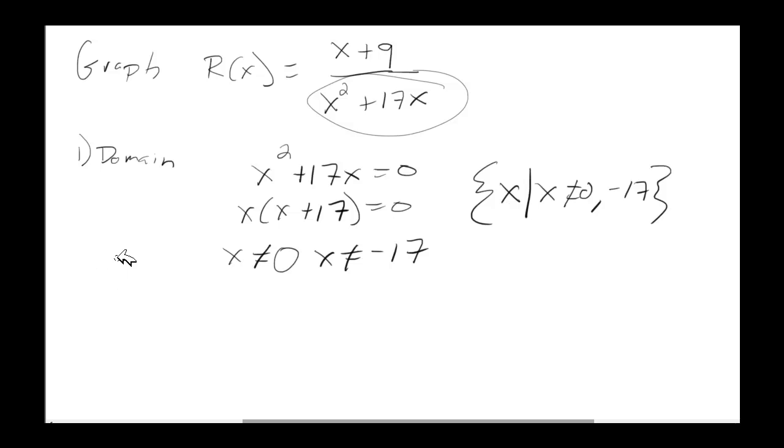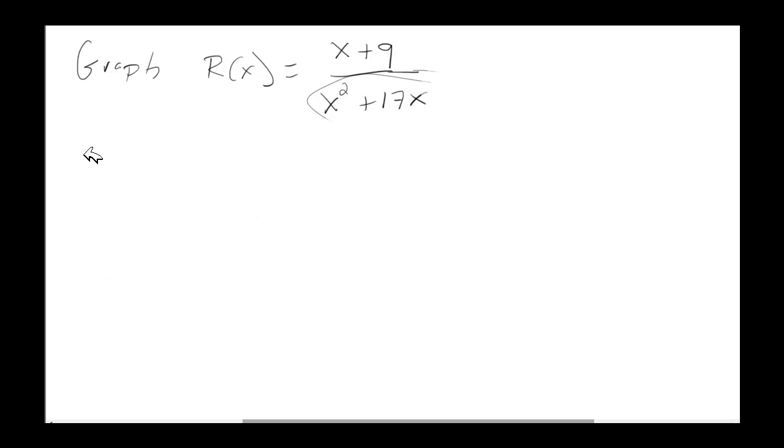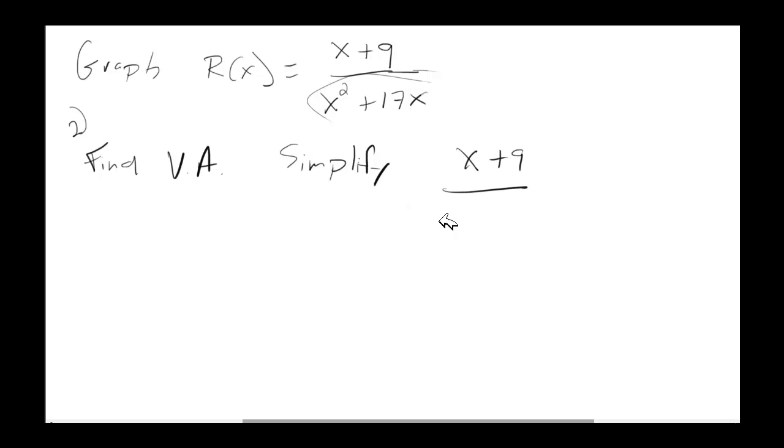Okay, next up we have to find all the asymptotes. So let me make some space. This is step 2, let's find the vertical asymptotes. First I have to try to simplify this expression: x plus 9 over x squared plus 17x. Nothing to factor upstairs.